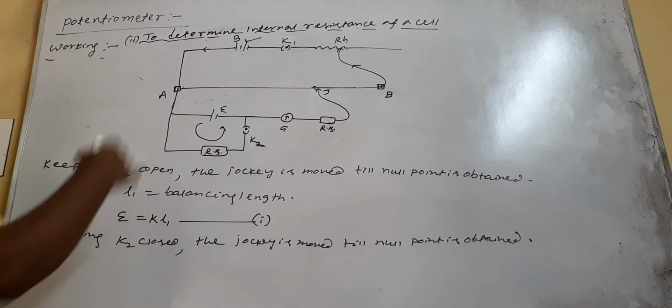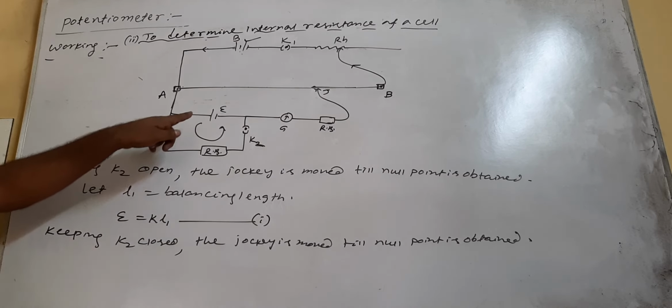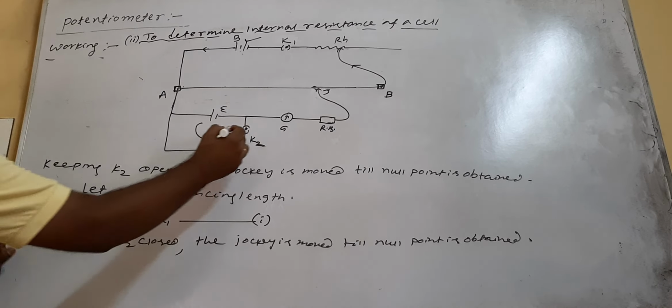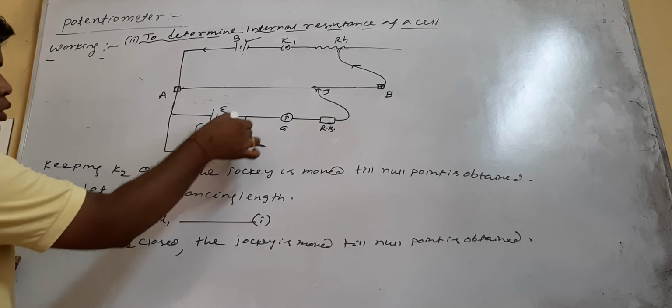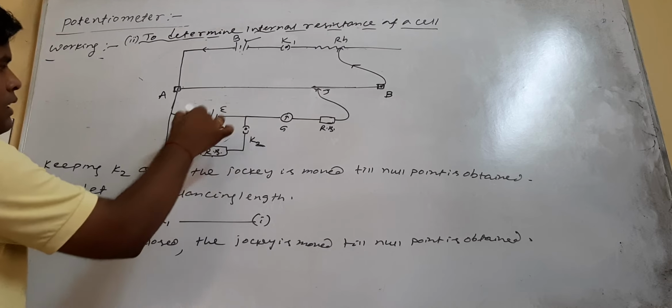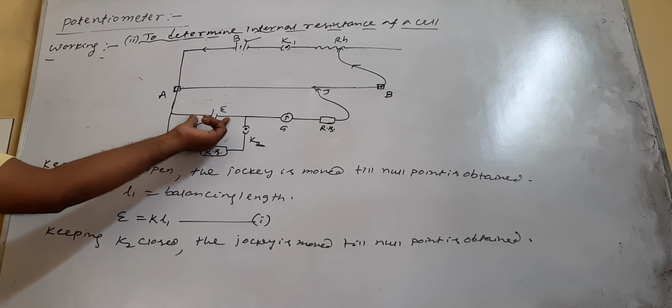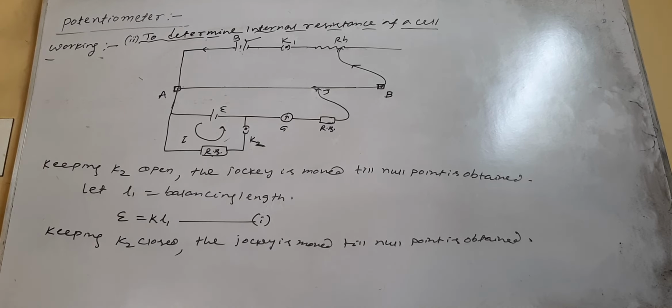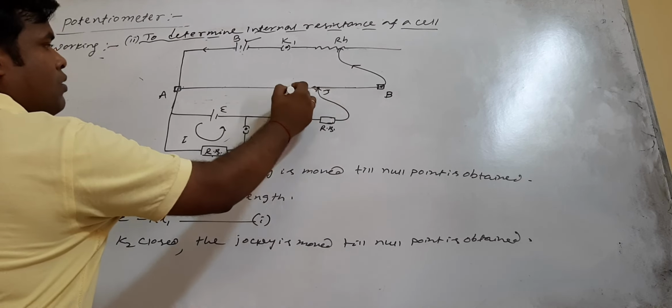When it is open, at the null point, no current flows from the cell. But when it is closed, as the resistance box is connected across the cell, some current flows in this closed loop. As current is drawn from the cell, the potential difference across the cell is not the EMF, that is the terminal potential difference. Now the null point will shift.